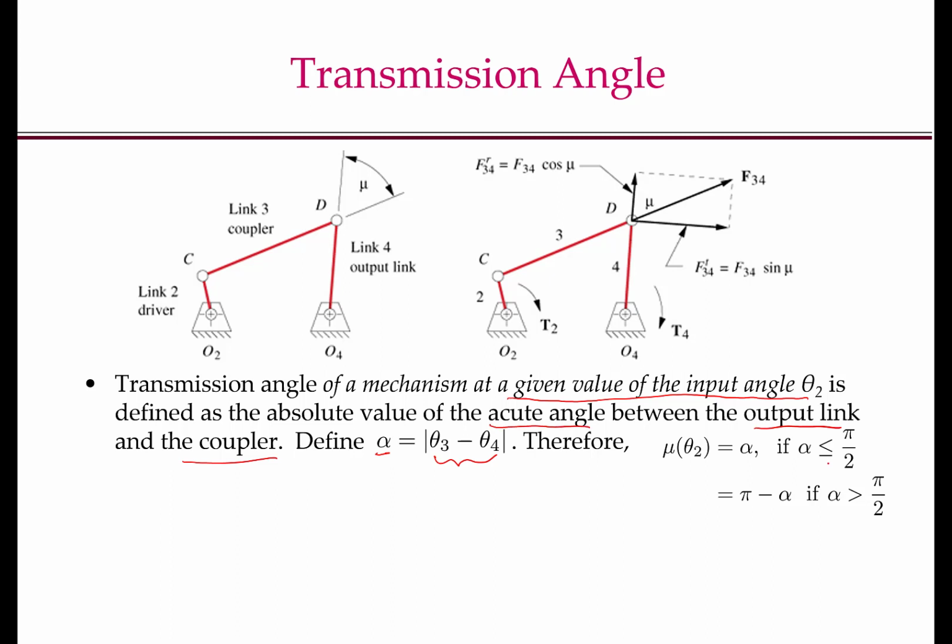Furthermore, if alpha, the difference between θ3 and θ4, is less than or equal to pi by 2, then we have mu, the transmission angle at θ2, equal to alpha, and if alpha is greater than pi by 2, then the transmission angle is pi minus alpha.